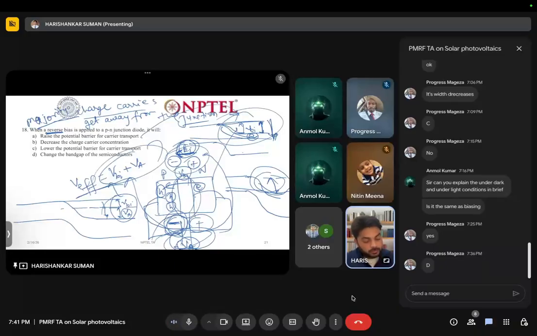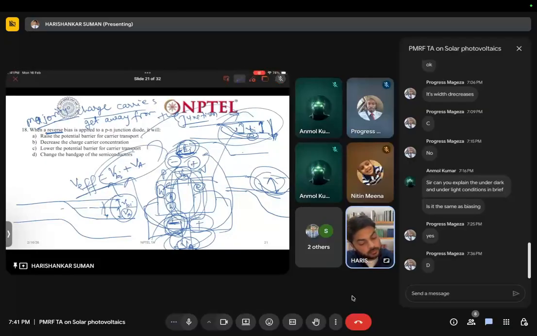That's why this depletion layer is broader due to the applied VA. Clear?